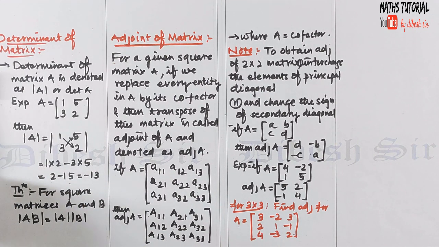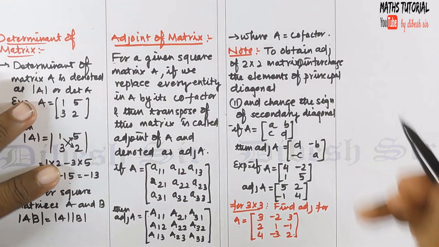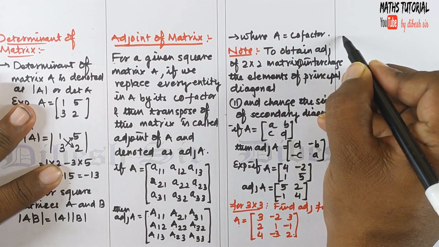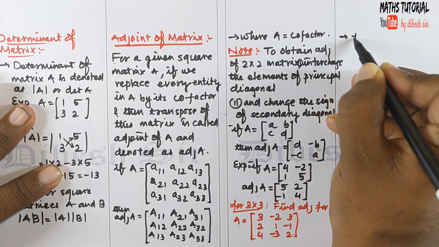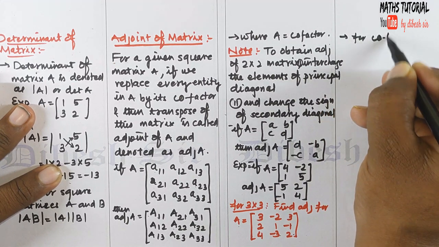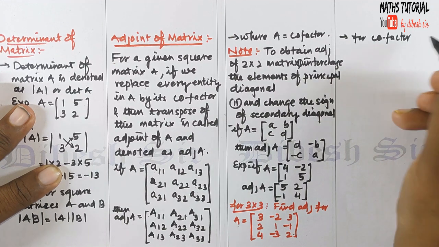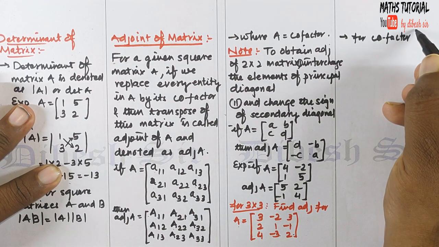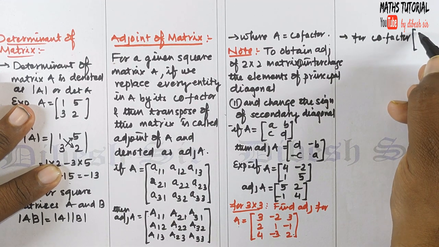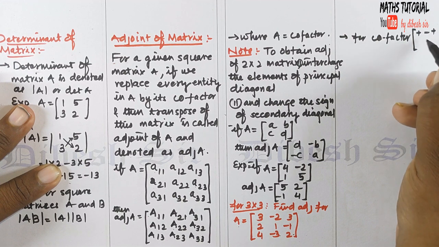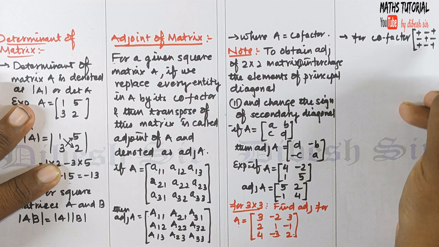For this we have to first find the minors. Before that, remember for cofactor there is the sign scheme: plus minus plus, minus plus minus, plus minus plus.